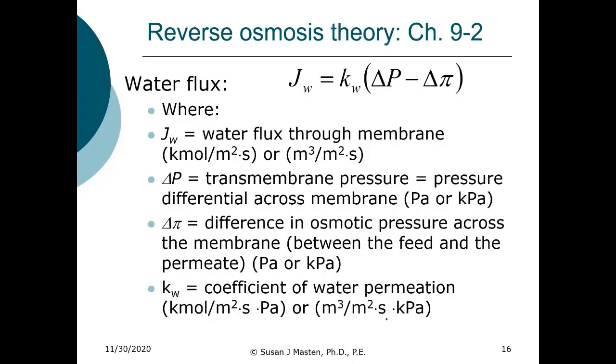Now the flux of water across the membrane can be described by this equation here. So the flux, notice here, is in kilomoles per second per area. So this is the area of the membrane, really a specific flux. And here we have it as a volumetric flux. So it can either be mass per second or volume per second.